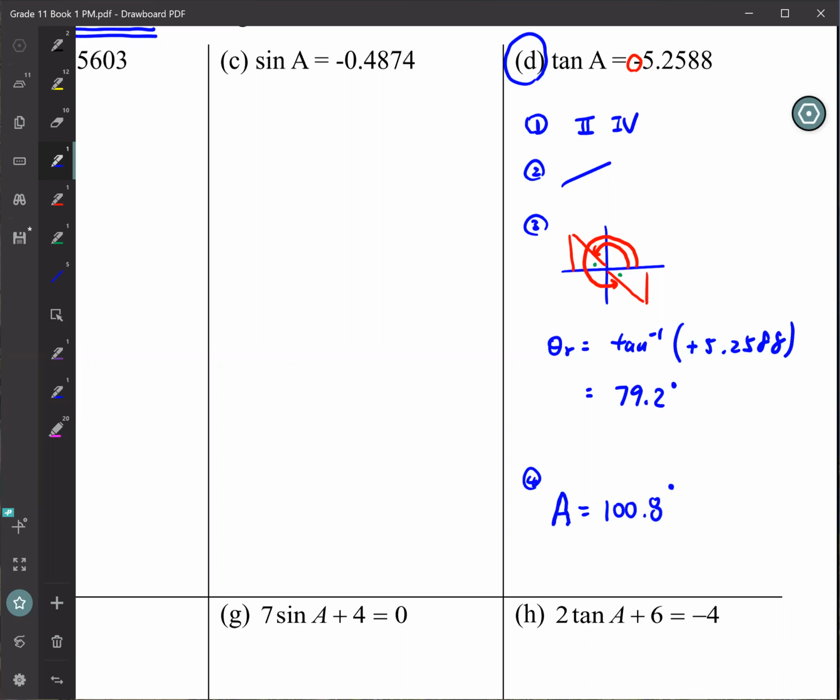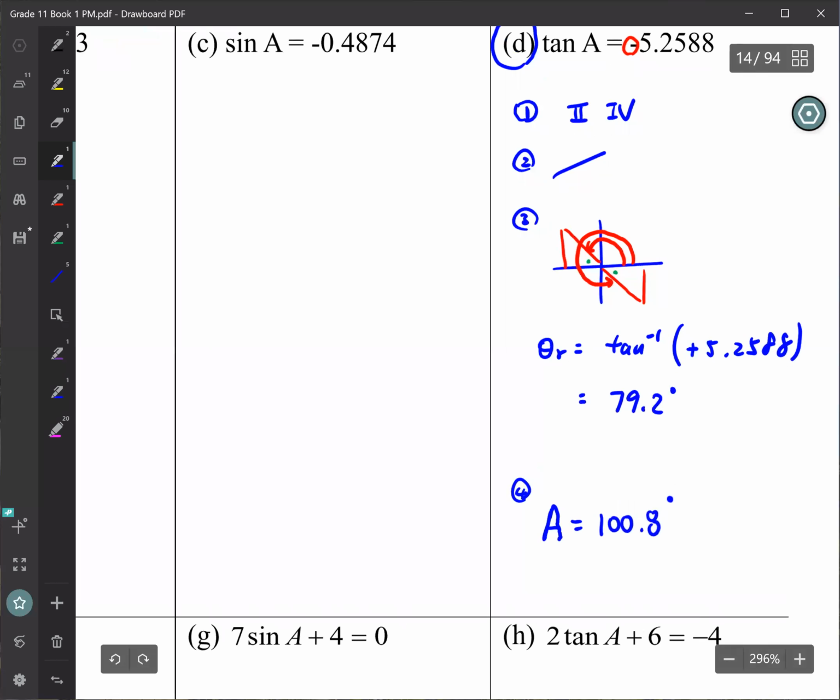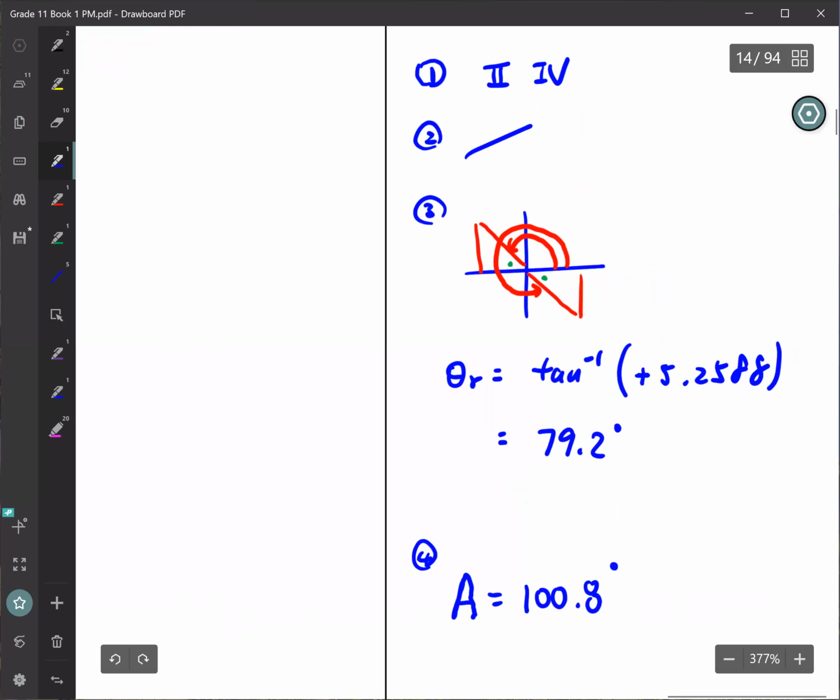How do you find the second angle without a calculator? I got 79.2, but I don't know how to get 100.8. Okay, the 100.8 is the first angle where it hits the arm. So look at the picture I'm drawing right now. It's in the second quadrant.